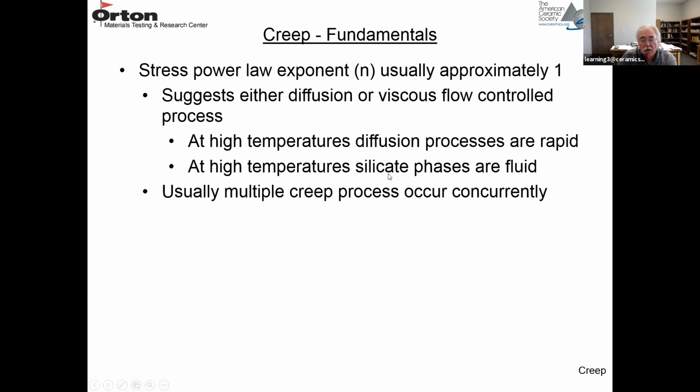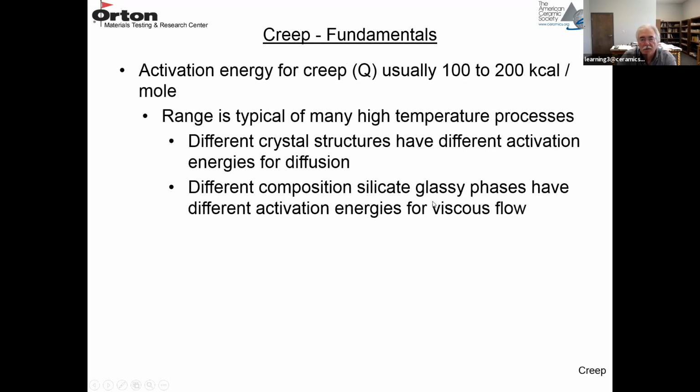At high temperatures, you also form glassy phases, usually a silicate-based phase, and they become less viscous as you increase the temperature and become fluid. So both of these processes, diffusion or viscous flow, are the common mechanisms for creep in refractories. And because you can have diffusion and glassy phases present at the same time, you're usually having more than one creep process occurring at the same time. That's why it's rather difficult to separate them.